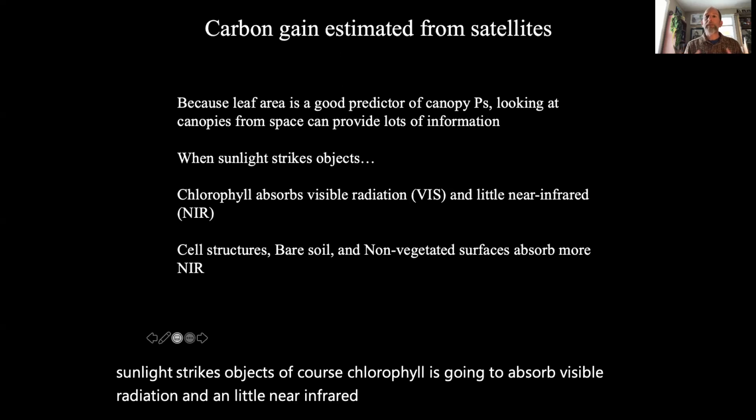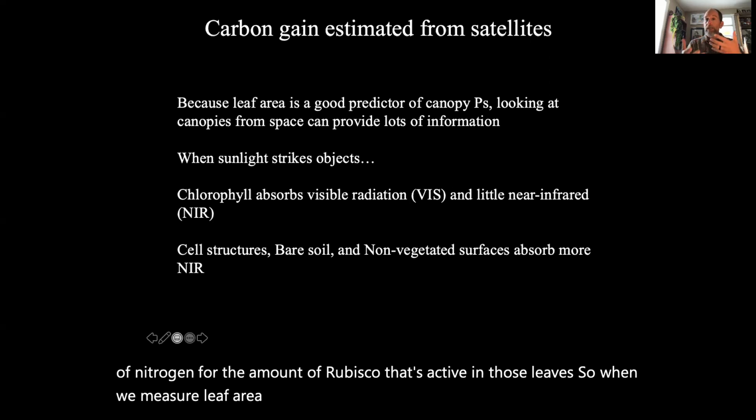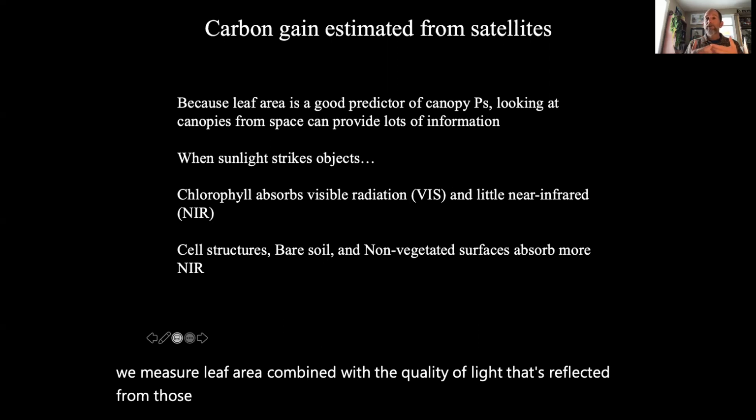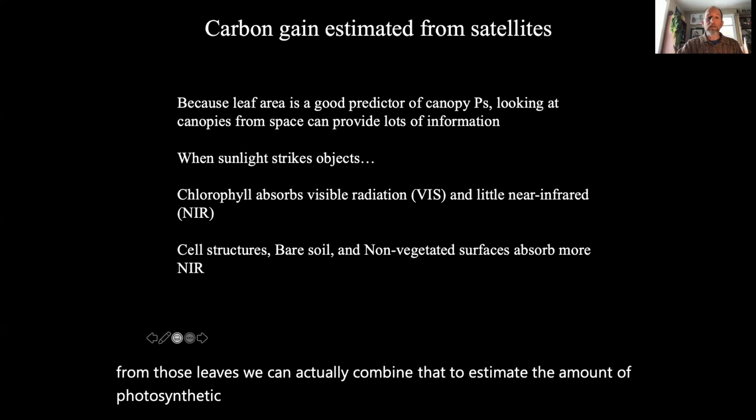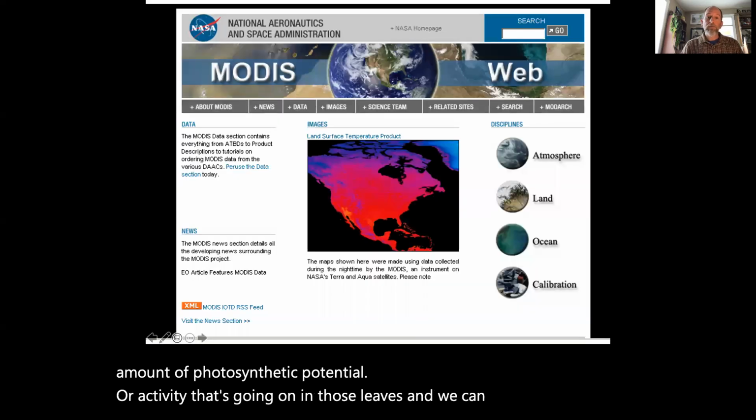This is related to the amount of nitrogen, the amount of rubisco that's active in those leaves. So when we measure leaf area, combined with the quality of light that's reflected from those leaves, we can actually combine that to estimate the amount of photosynthetic potential or activity that's going on in those leaves. And we can differentiate that from bare soil surfaces.